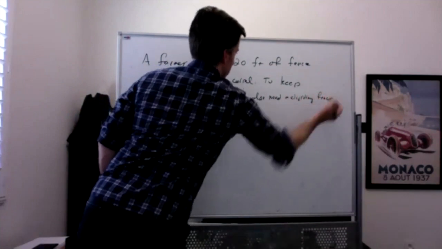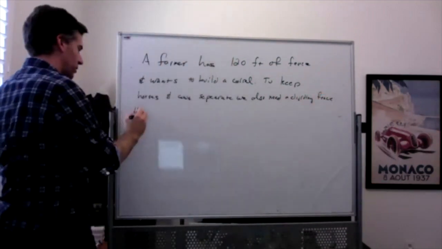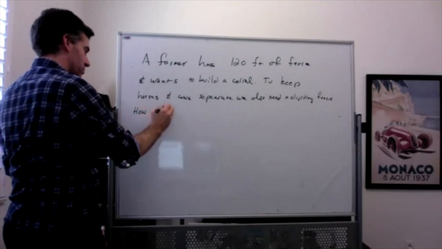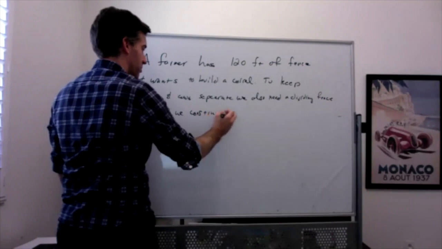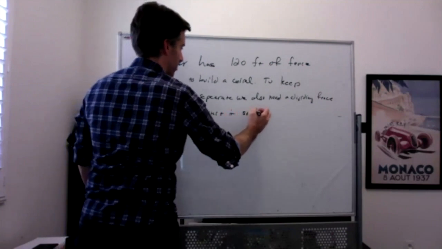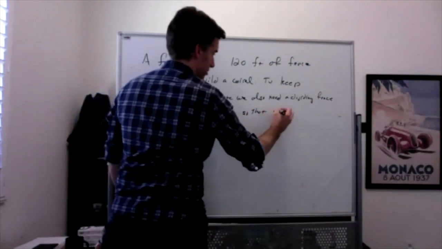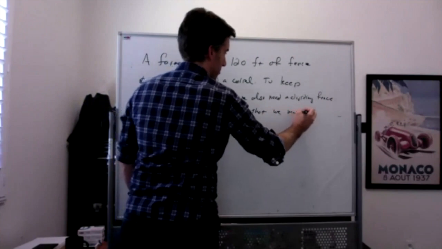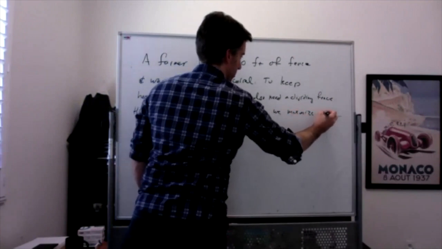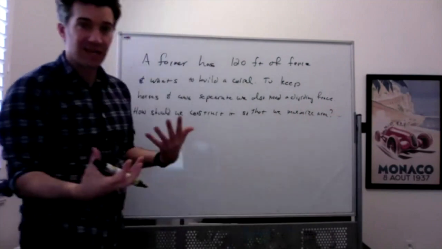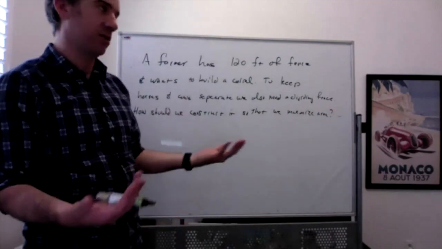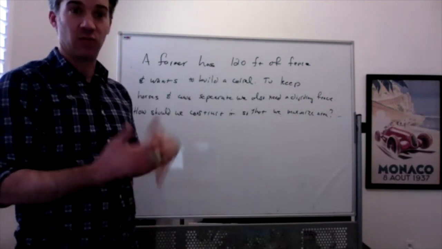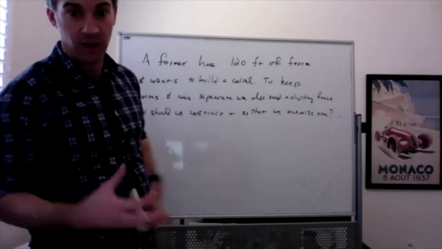So the question is, how should we construct the corral so that we maximize the area? We would like this corral to have as much area as possible so that the horses and the cows have as much room to roam around as possible.